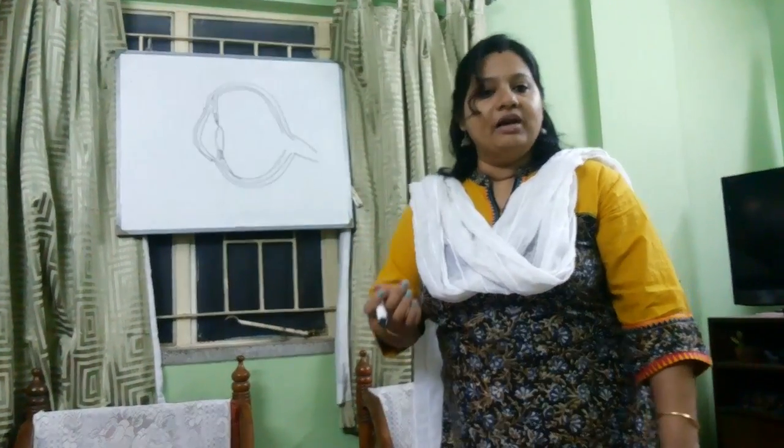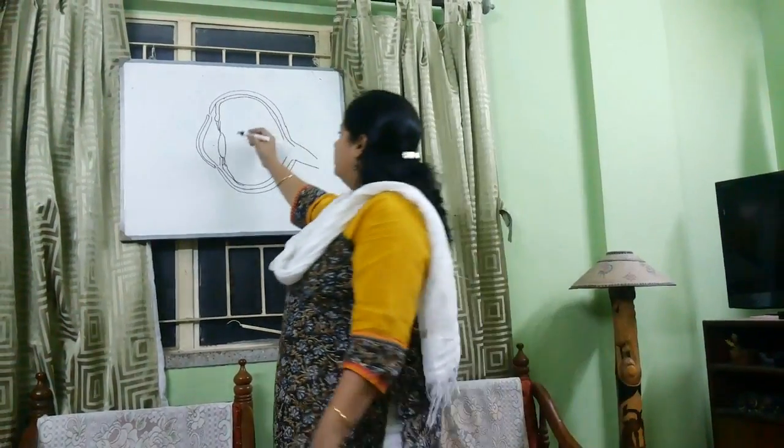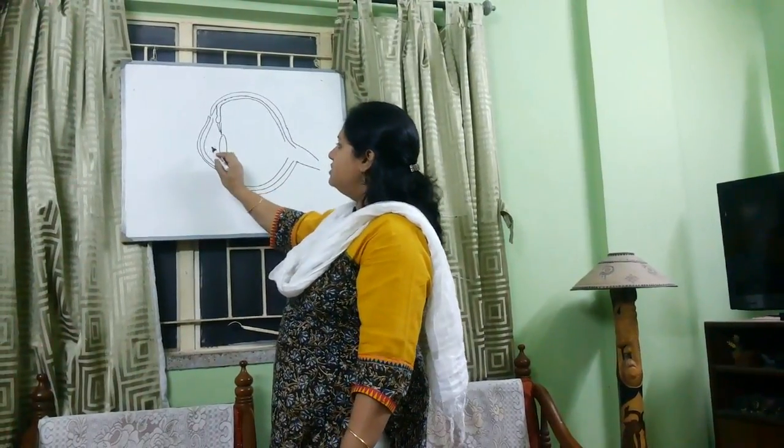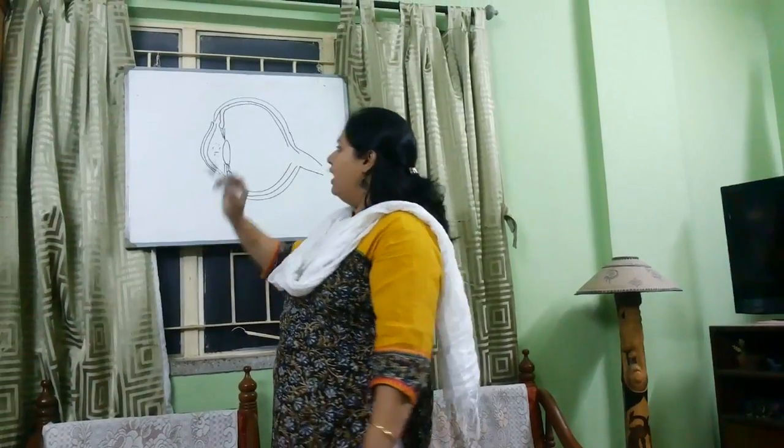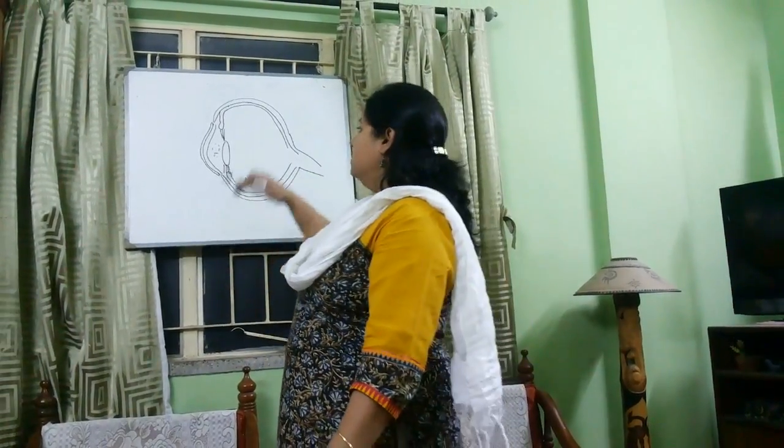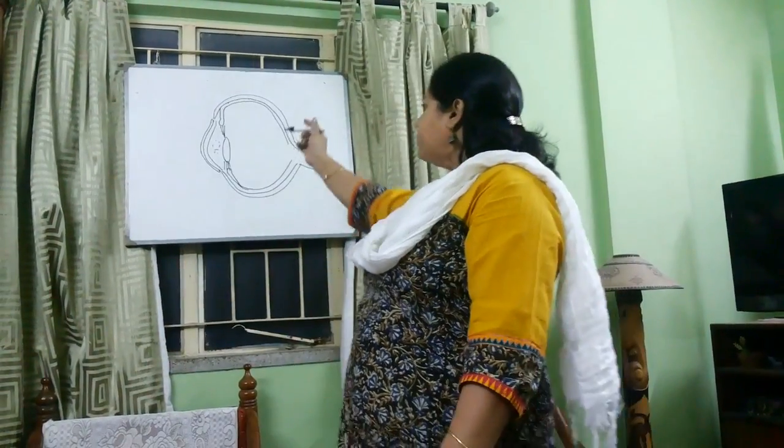In between sclera and retina, the choroid layer is present, mainly comprising blood vessels, and it helps in the nutrition of the eye. Before the lens, the fluid is known as aqueous humor, and just behind the lens the fluid is called vitreous humor. Both have the same function: they give nutrition to the eye.